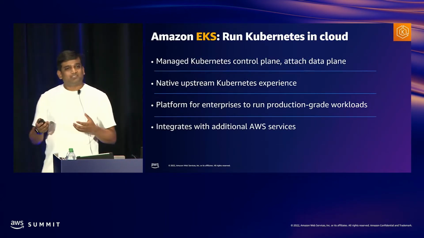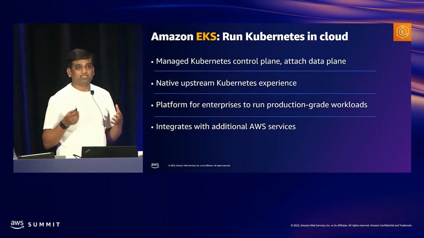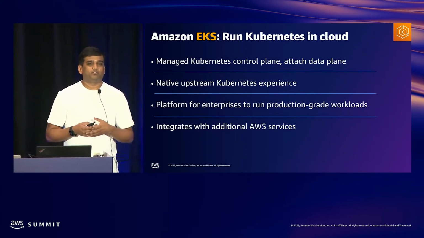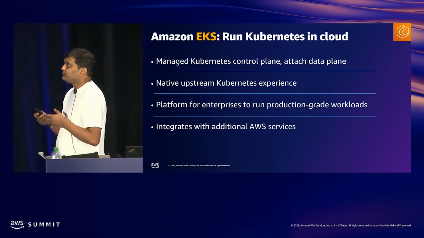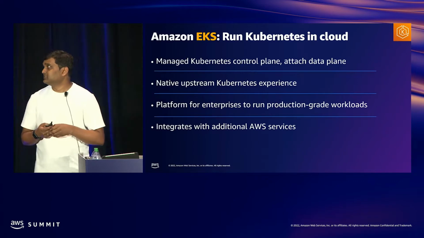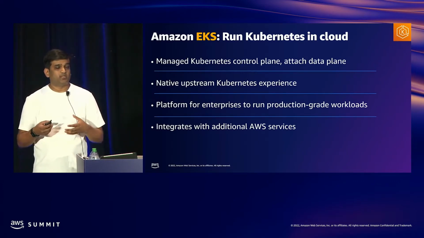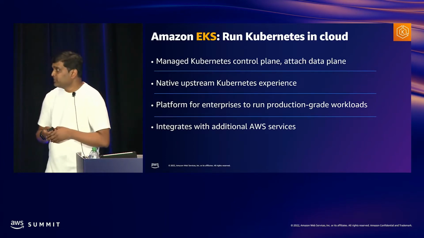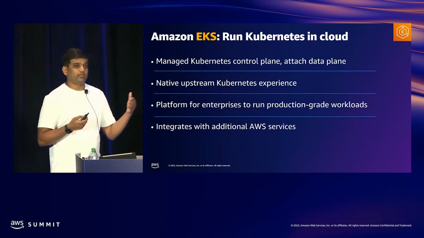So the good thing is you don't have to burn your hand on setting up Kubernetes from the ground up. You can make use of Amazon EKS, which is our managed service. What you can do with EKS is basically create the control plane, and everything will be managed by AWS. And you can connect your data nodes and run your workload. You don't have to worry about the patching and the version control and all of that.